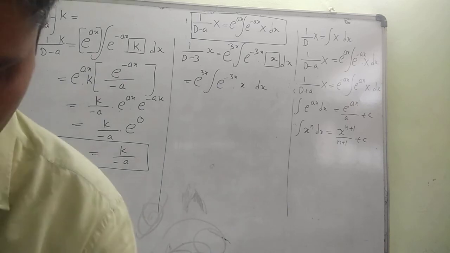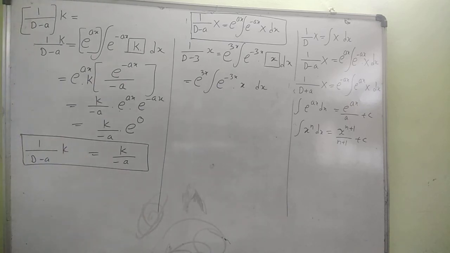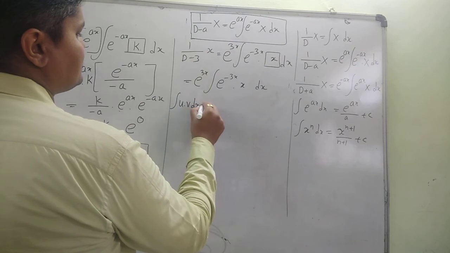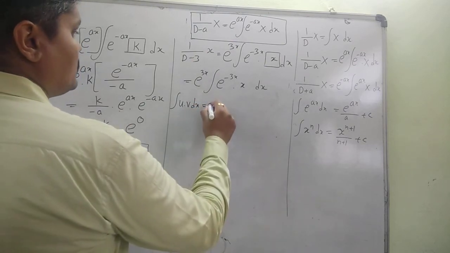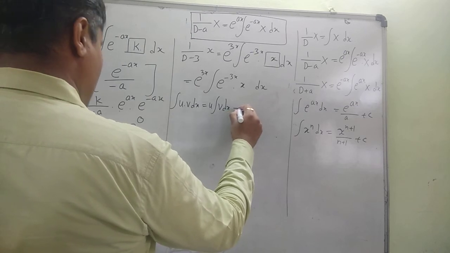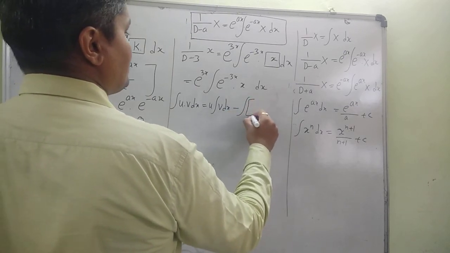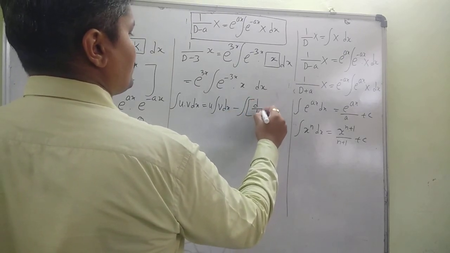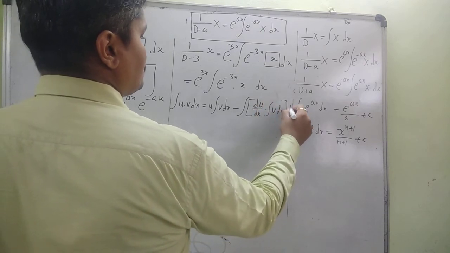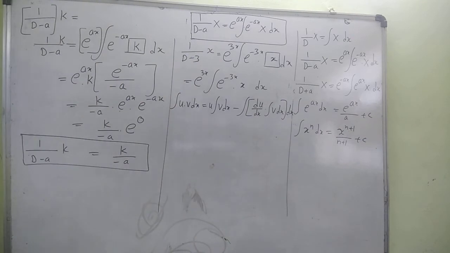We know the UV rule as we have written already, that integration of u dot v dx is equal to u integration of v dx minus integration of, in bracket, d dx of u into integration of v dx, bracket close, dx. So this is the formula that we are going to use.